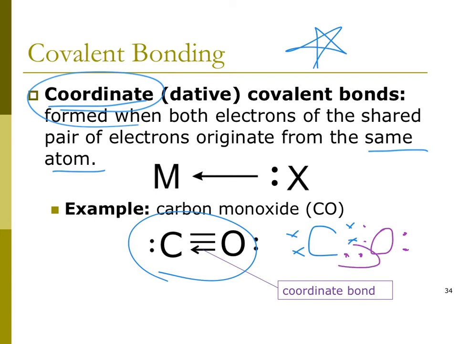Having this pair of electrons that's in the bond between carbon and oxygen, but only funded from the oxygen, that's the dative bond or coordinate bond. We would draw that bond in the Lewis structure with this arrow, showing that the electrons are being funded from the oxygen going towards the carbon.